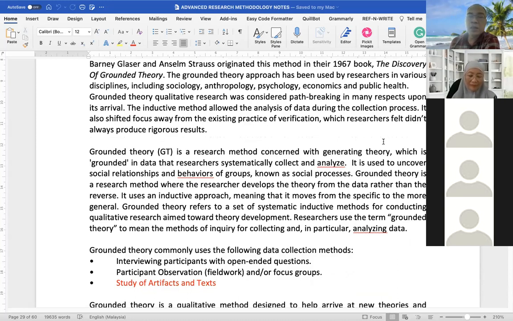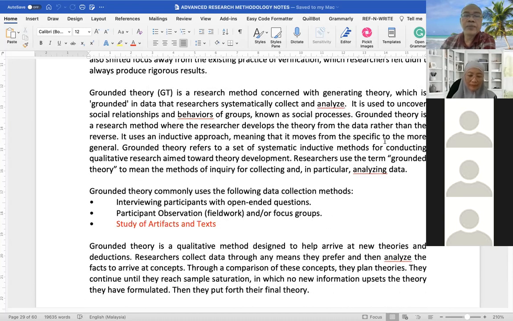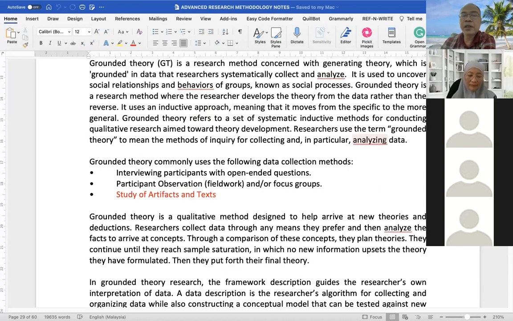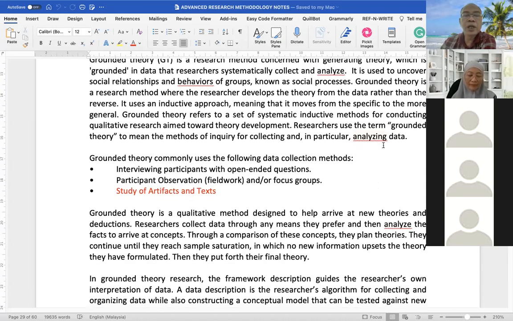So researchers use the term grounded theory to mean that the methods of inquiry for collecting and in particular analyzing data. So in this kind of approach, the qualitative approach, the researchers will try to collect the data using suitable methods, for example, using interview, okay?